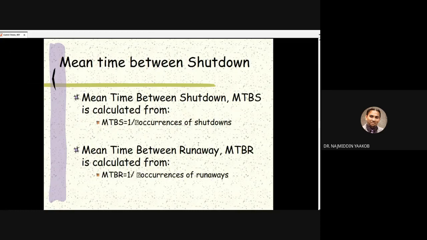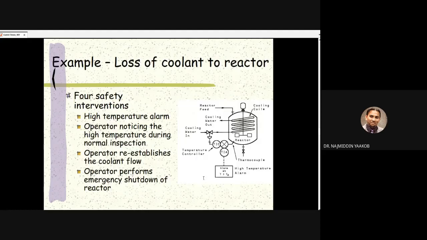So what is the mean time between shutdown? Mean time between shutdown, MTBS, is calculated as 1 over the occurrence of shutdowns. And mean time between runaway can be calculated by 1 over the occurrence of runaways or failures.